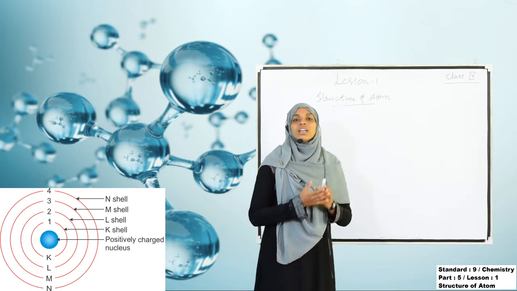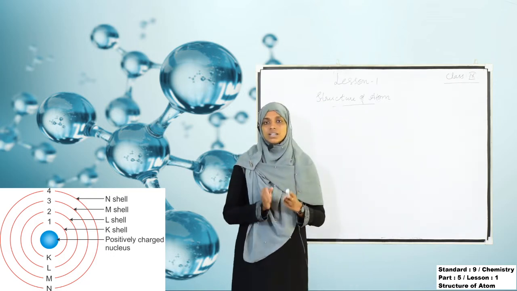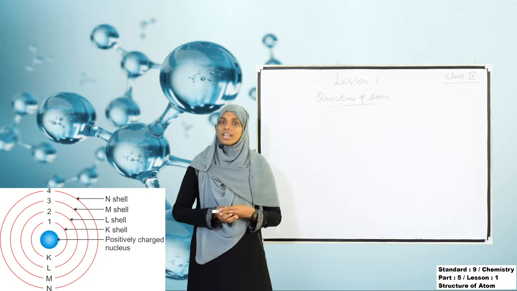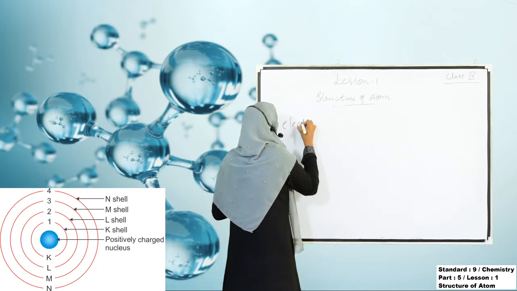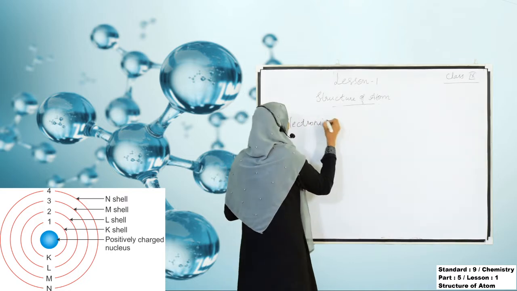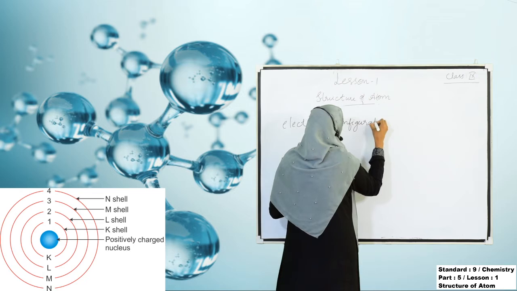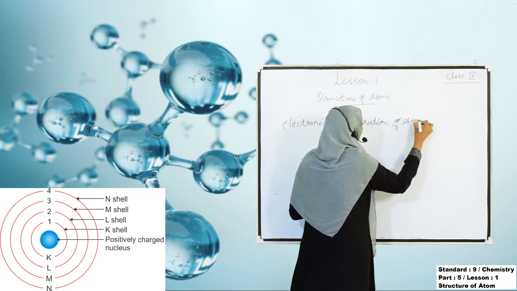Then we are going to discuss the electronic configuration of an atom. Here we are going to discuss how we write the electronic configuration of an atom. How do we find the electronic configuration?